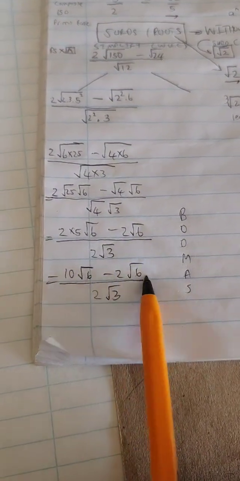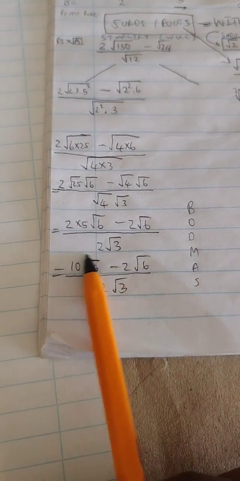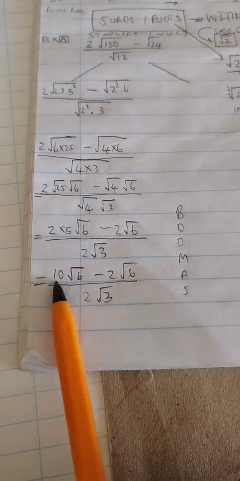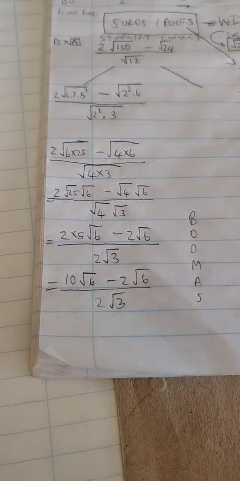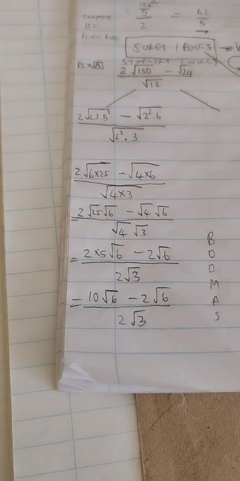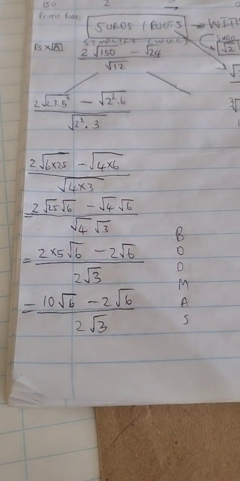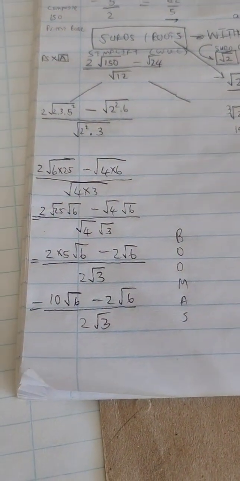In the numerator, there are two terms. These terms are like terms. Why do we say these are like terms in the numerator?